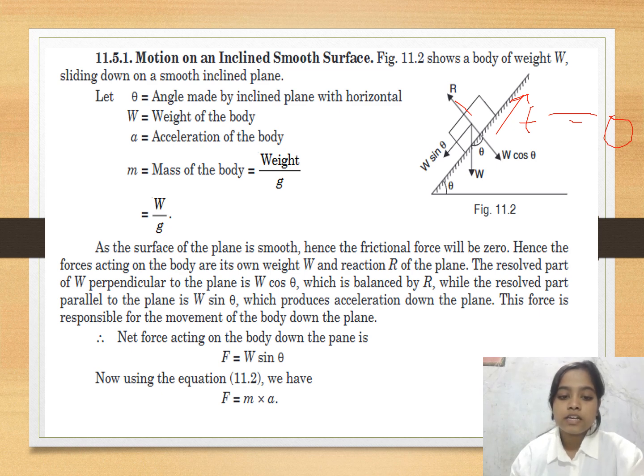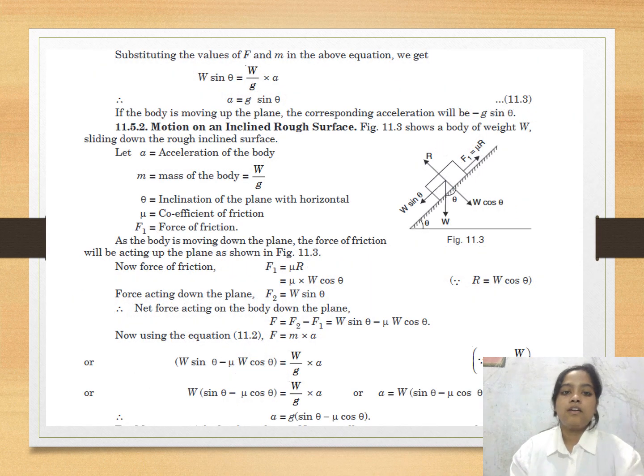Now, using the equation F equal to ma, substituting the values of F and m, F is W sin theta and m is W by G, weight by acceleration due to gravity, into acceleration. So we get A equal to G sin theta.